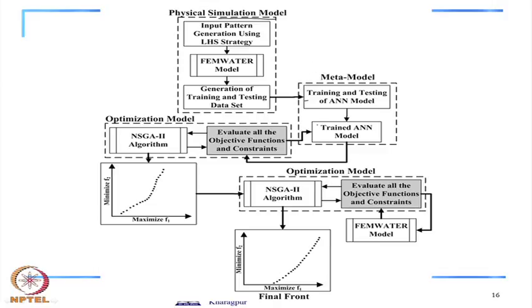From the meta model, we can run our optimization model and we can get some intermediate Pareto front or intermediate solutions, and we can pass that particular solution to the final optimization model, where the original simulation model is linked with the optimization model.